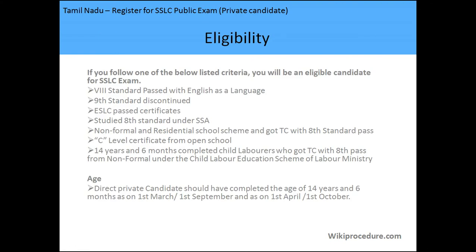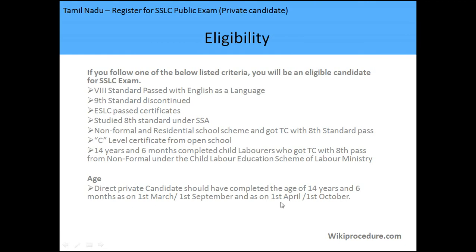Eligibility: you should have one of the eligibility criteria listed here, and your age should be 14 years and 6 months as of March, April, or September, October. I think you have your exams in March and April, and September and October.